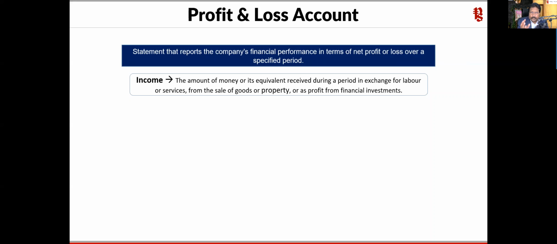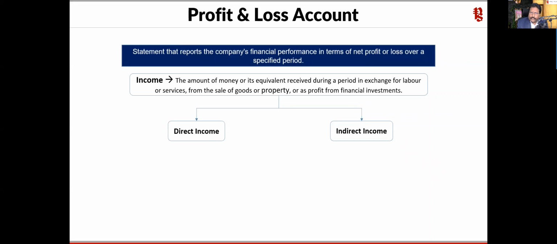It is very important that we identify these incomes and then classify them appropriately. So how does income get classified in your P&L account? Broadly, all incomes of the organization are classified into direct income and indirect income.